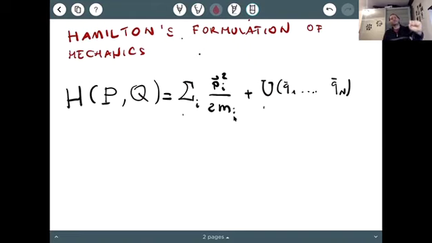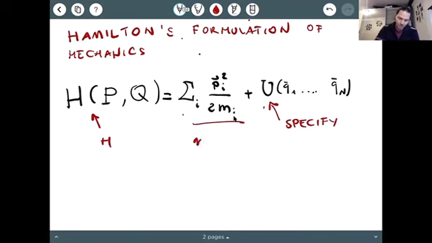You give me this function, or basically you tell me what kind of potential you're talking about, because this is just the kinetic energy. If you specify this, then of course you specify H, because it's the only part that you need to specify. The kinetic energy is given. It doesn't need to be specified, because it is what it is, the kinetic energy.